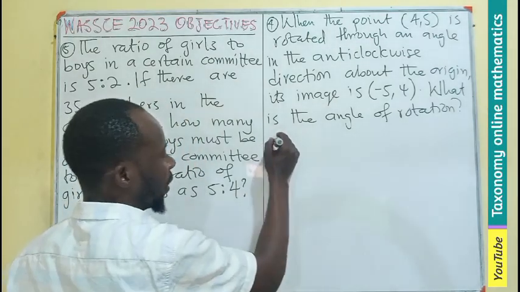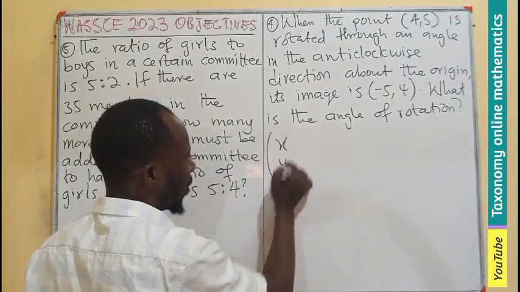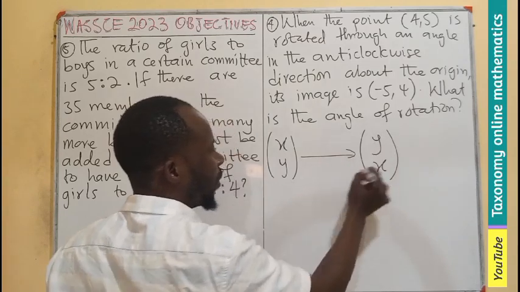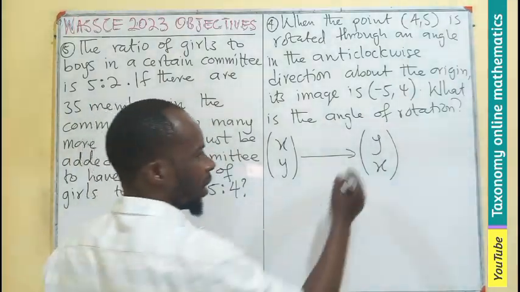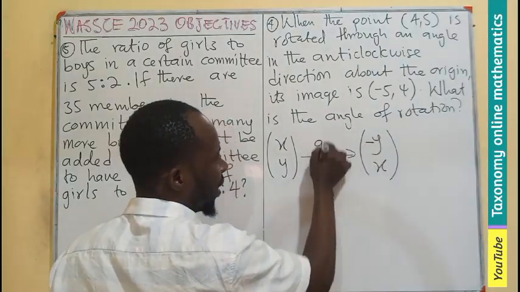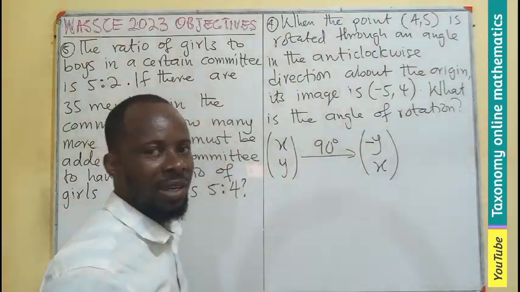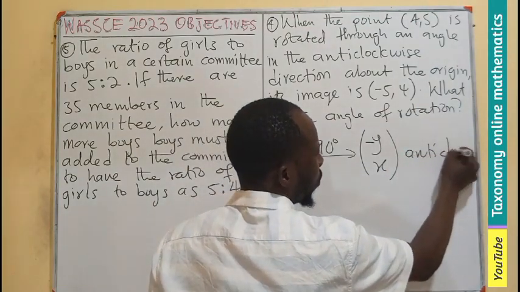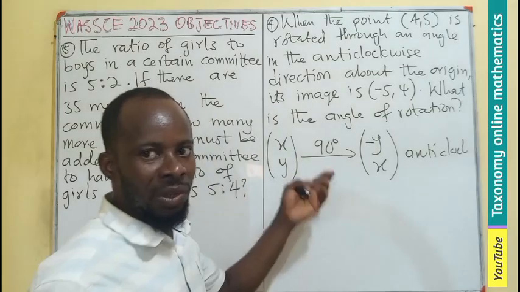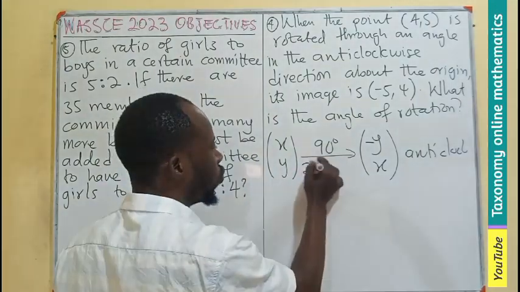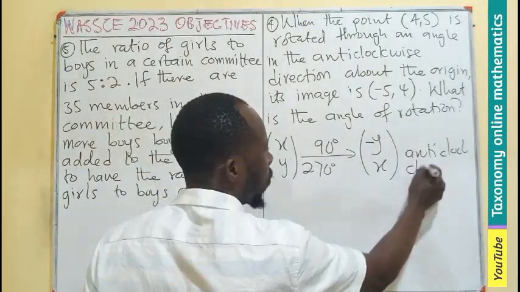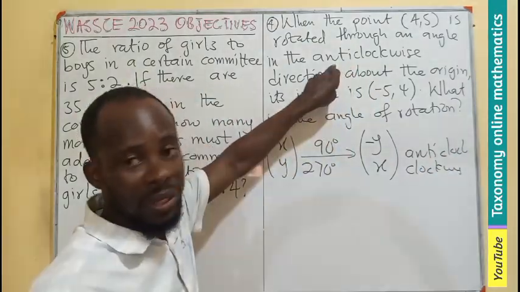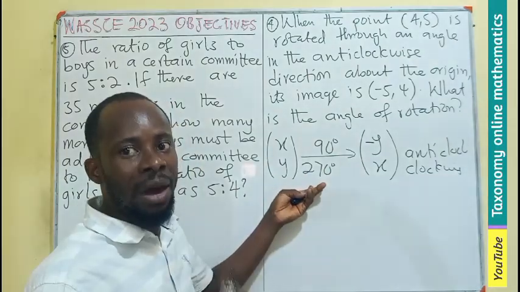We know under rotation, if I have (x, y) being mapped to (-y, x), that is a rotation of 90 degrees anticlockwise. It is an anticlockwise rotation of 90 degrees, or 270 degrees clockwise. But the question is talking about the anticlockwise rotation, so 270 is out of the picture.